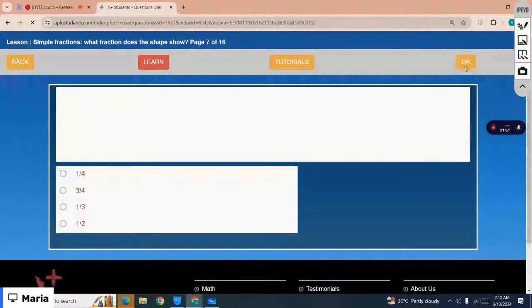What fraction of the shape is purple? The correct option is 1 out of 4.